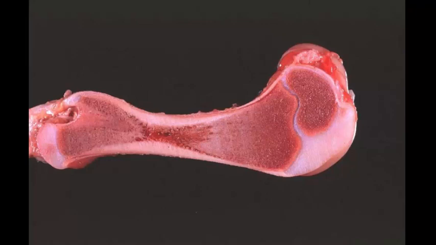This is tissue from a red Angus calf. Mutation of which of the following genes is the most likely cause? A, SLC4A2. B, fibroblast growth factor 4.